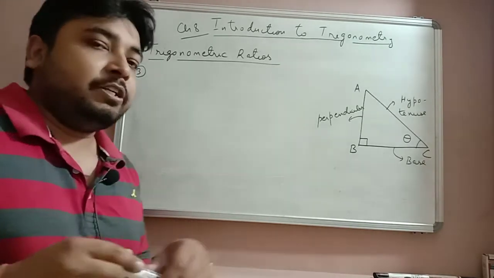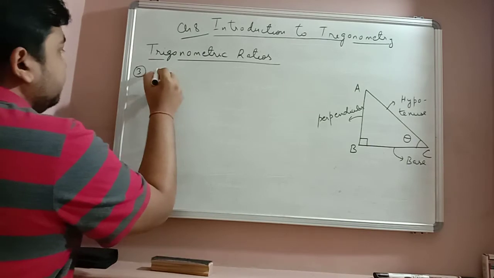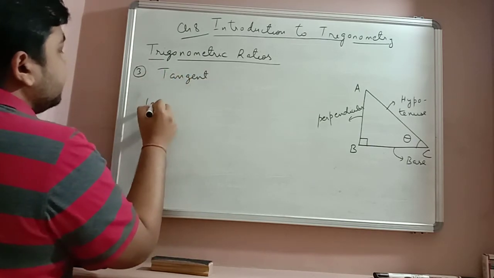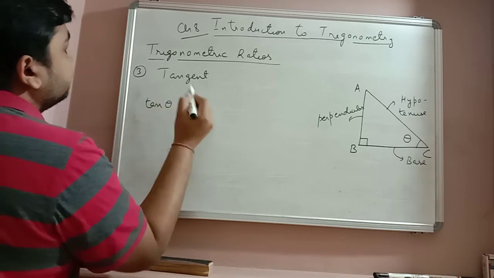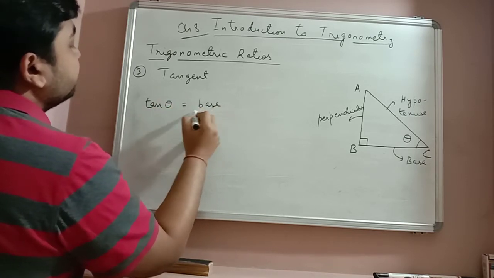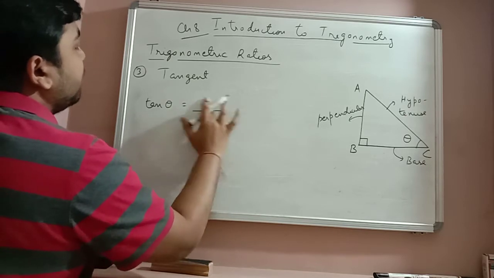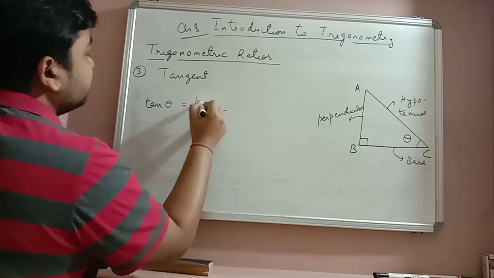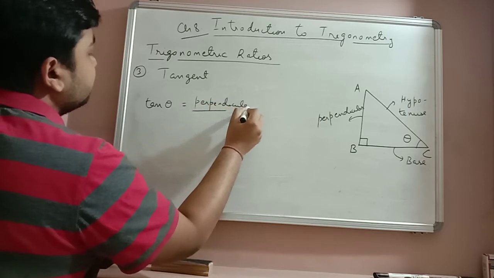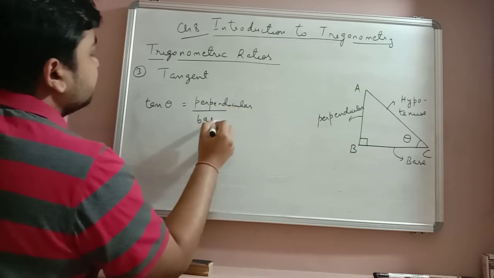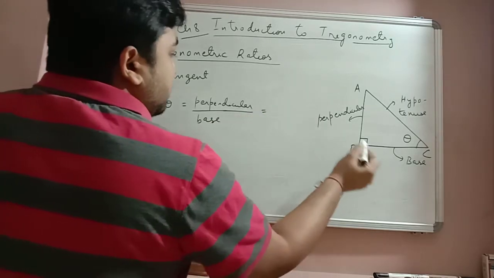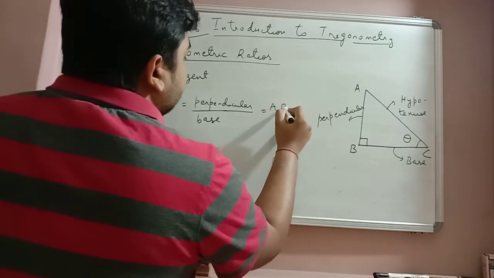Alright, now the next ratio is the tangent ratio. That is referred to as tan theta, and this will be given by perpendicular upon base. So this will be equal to AB upon BC.